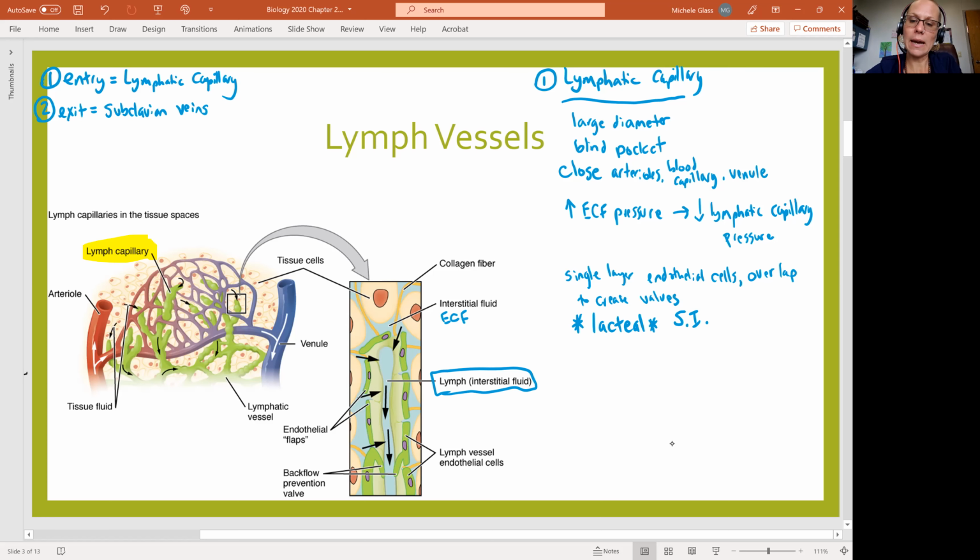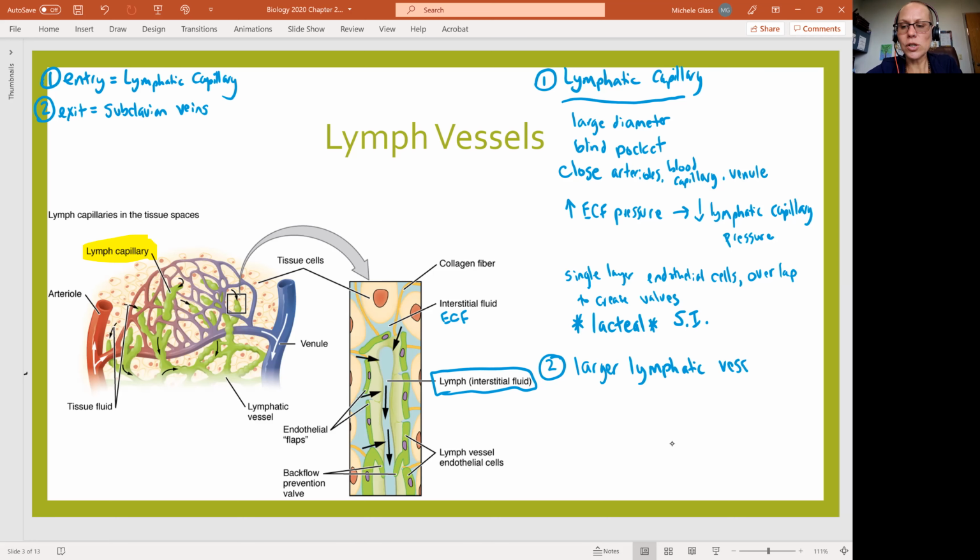From the lymphatic capillary, material is going to move into progressively larger lymphatic vessels. The structure of the lymphatic vessel is very similar to the vein.